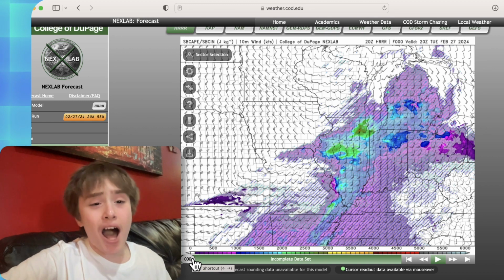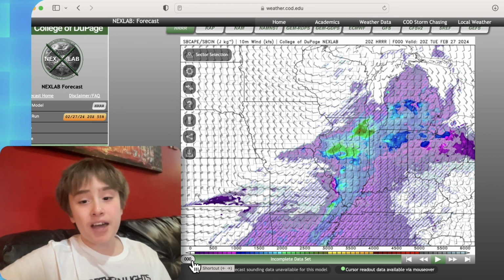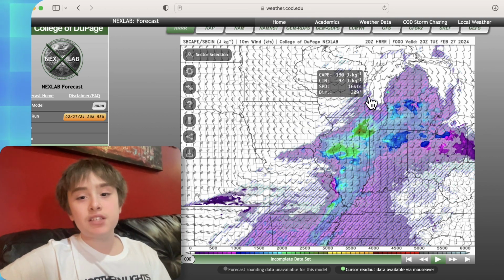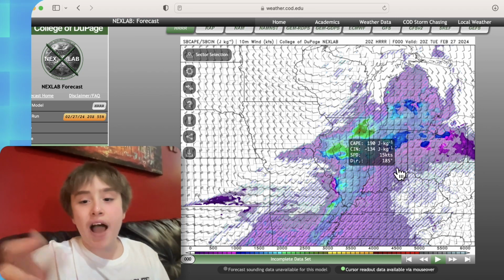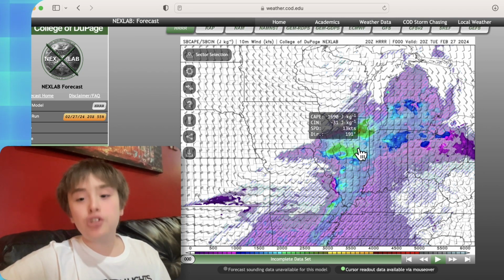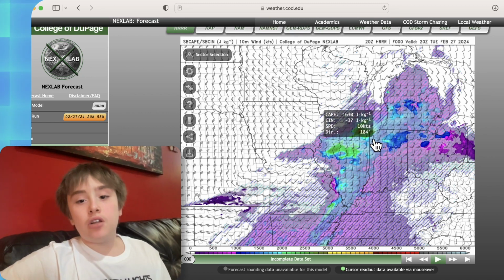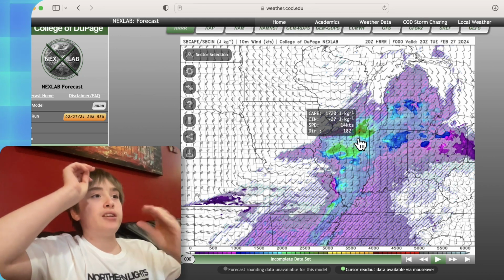So that's why it's taken a turn for the worse. Here is a map of what that cap might look like. Now, these faded, blurry parts are where it is capped. These non-faded parts, these clear areas, are where it is uncapped, where there is a perfect transition between heat and cold.